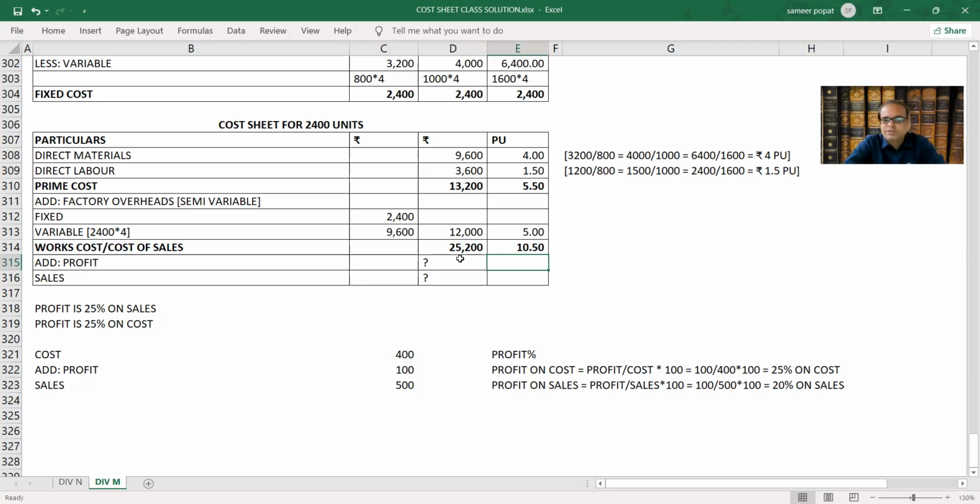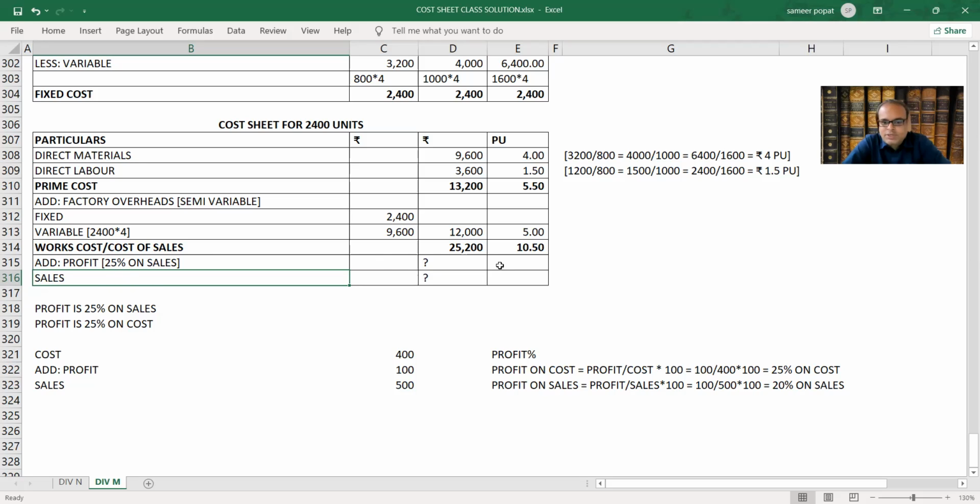So how to proceed in this case? Profit is 25% on sales, and since sales is not available, we cannot find profit. So what should we do here?